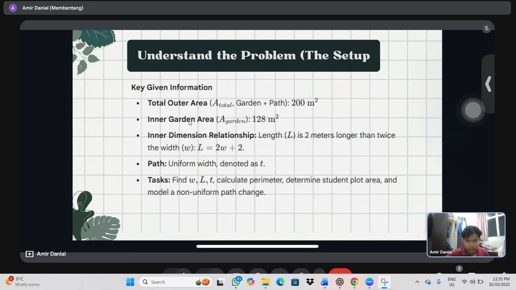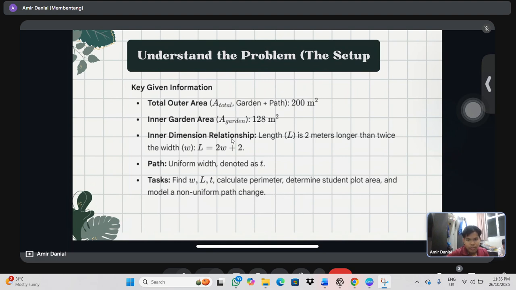So, the key given information is: the total outer area, which is the garden plus path, is 200 square meters. The inner garden area is 128 square meters.